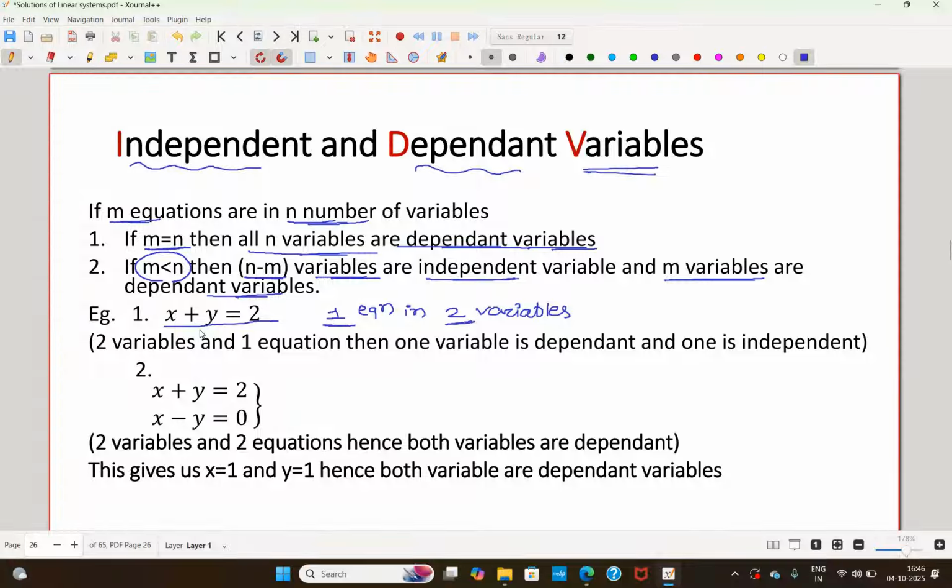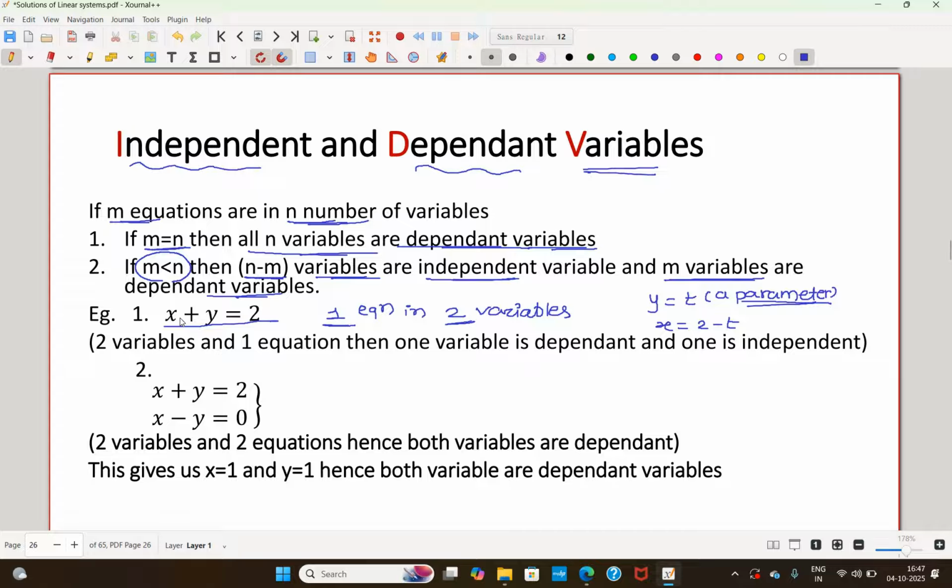So out of these two, x and y, one variable I can assume as, say, t, a parameter. And if y is equal to t, then x I can write as 2 minus t. So my solution appears like x is equal to 2 minus t and y is equal to t, where this parameter is the free parameter. It can take any value.